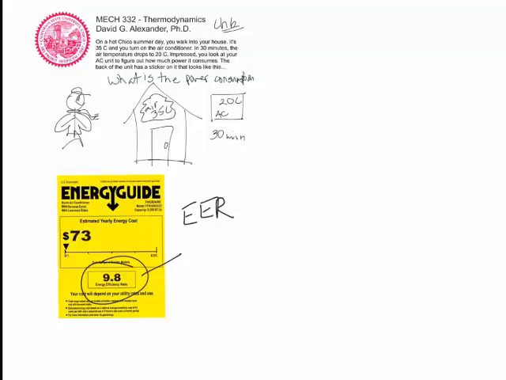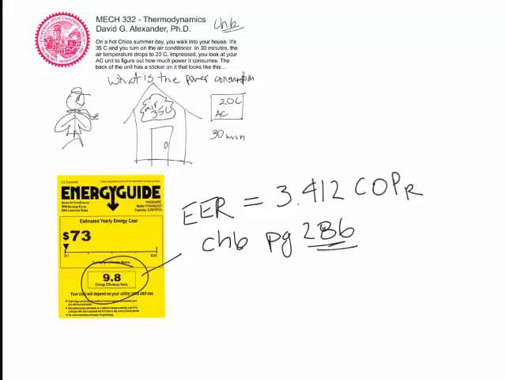That's the energy efficiency ratio. And we know this because in the book, in Chapter 6, page 286, gives us the definition for the energy efficiency ratio. And we ask ourselves, how's that going to help us?